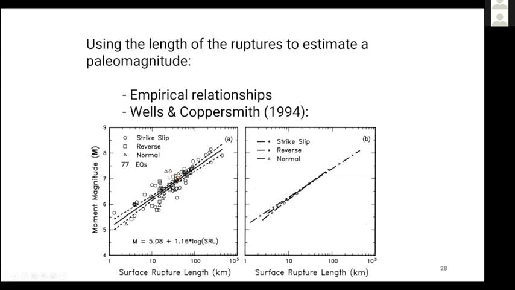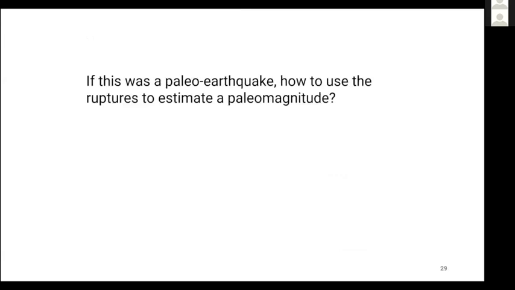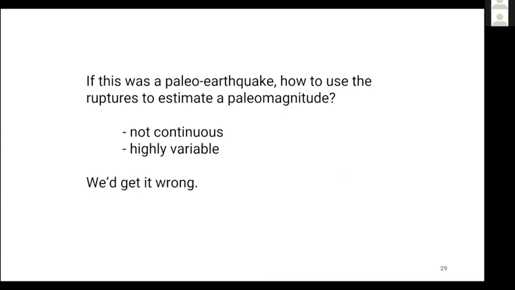But would we even be able to tell that this is the same earthquake if we came there 1,000 years later? Would we understand that these two ruptures belong to the same event? I don't think so. So if this was a paleo earthquake, how could we use these relationships? The ruptures are not continuous, they're highly variable, there's this huge gap. I think we'd get it totally wrong if we came there 1,000 years after the Susami earthquake.